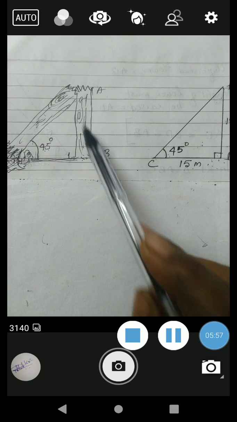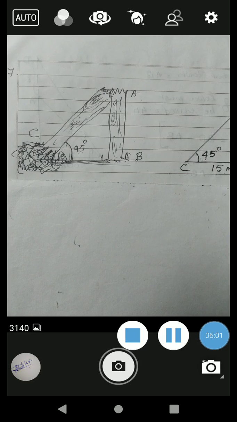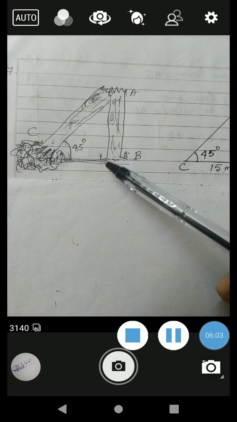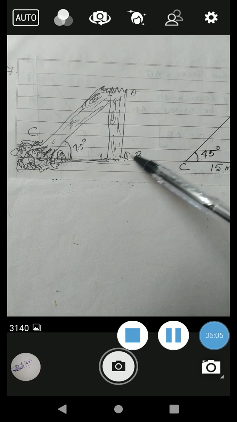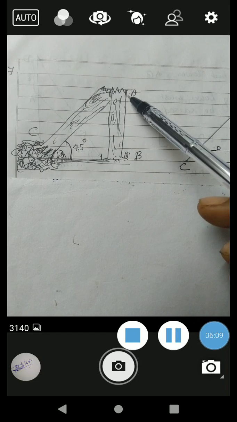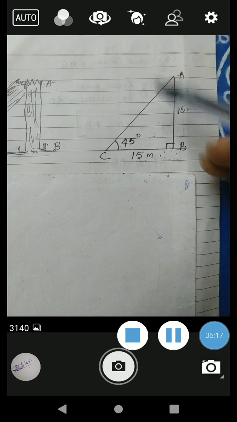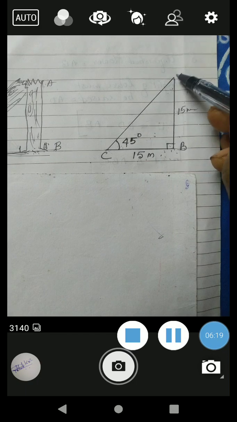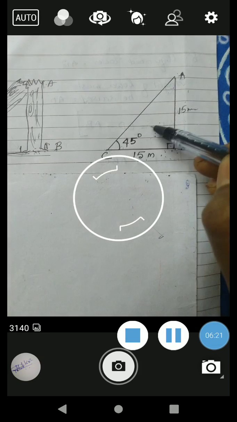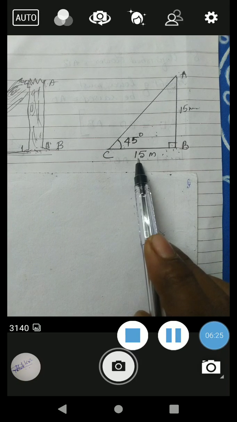Now you can see it is a right angled triangle. Actually, what is the height of the tree before it was broken? That is AB plus AC, right? AB plus AC, that is the original height of the tree. So you can draw a right angled triangle. This angle is 45 and the distance between this is 15 meter.